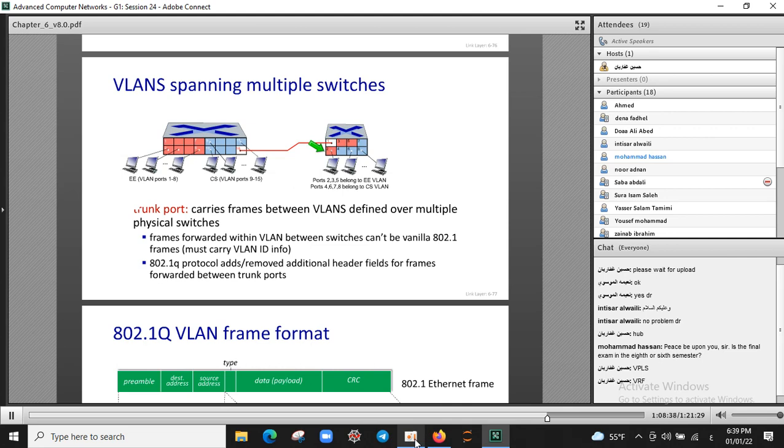Okay, I'm defining some ports for CS in that remote department, and then I'm using a special port. We call it a trunk port. What is a trunk port? A trunk port is a special port inside the switches that you can use to connect two different physical switches together.